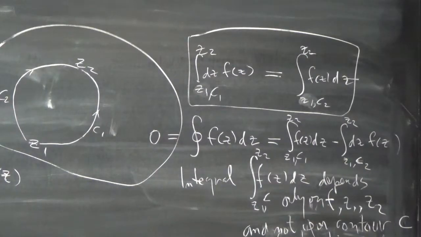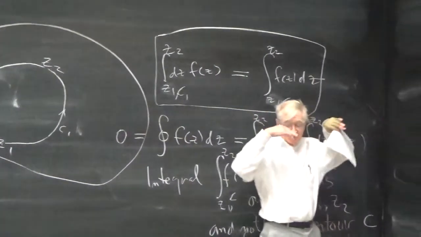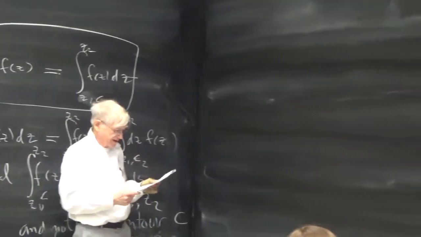So this is yet another way of understanding this, and that's the funny thing about complex variable theory. There's so many ways that are equivalent.